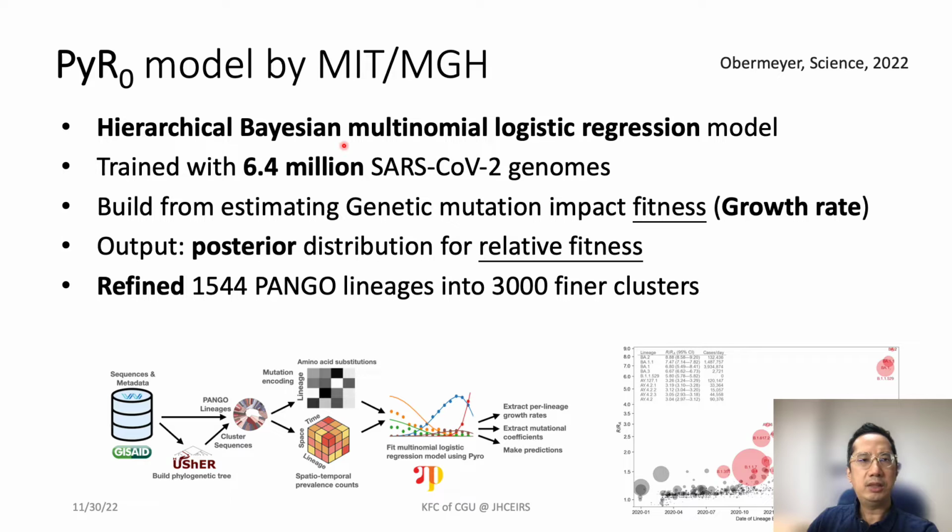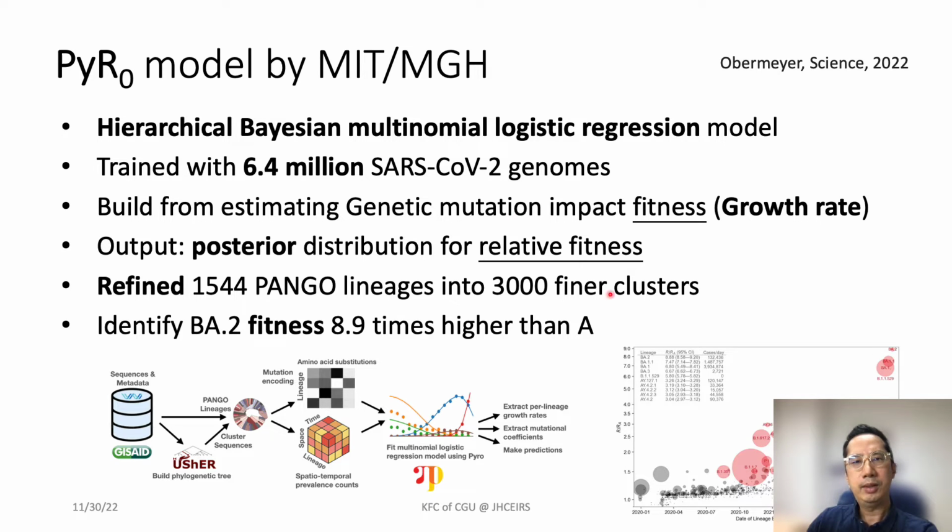So they successfully refined 1,500 Pango lineages into 1,300 finer clusters. And then in this figure, they successfully identified BA.2 as having almost 9 times higher fitness than the 8 lineages.